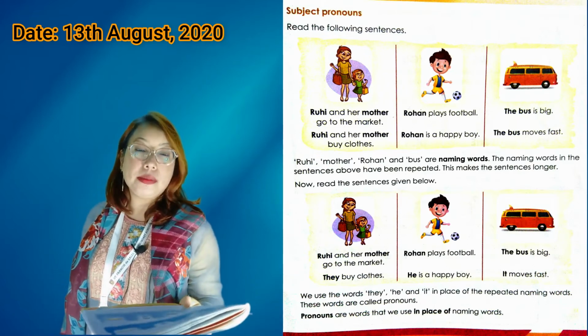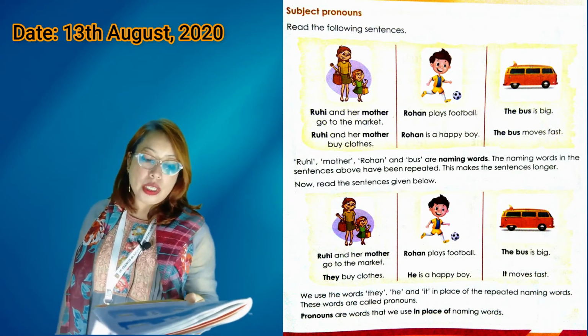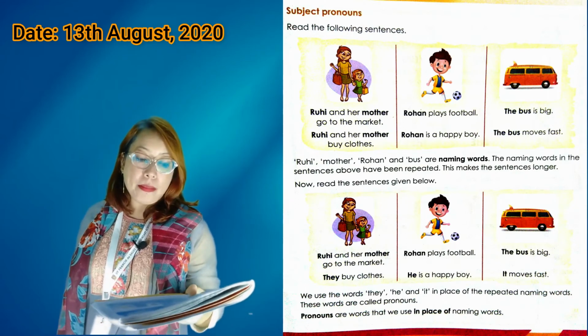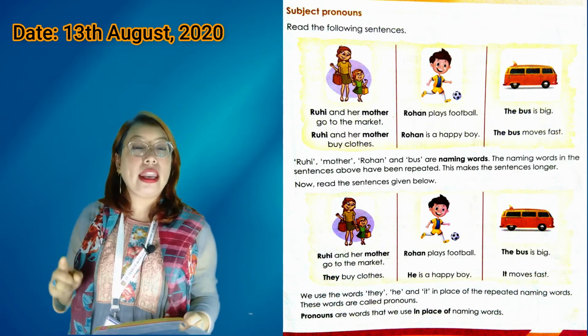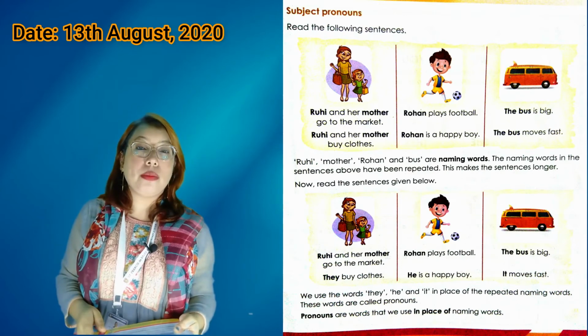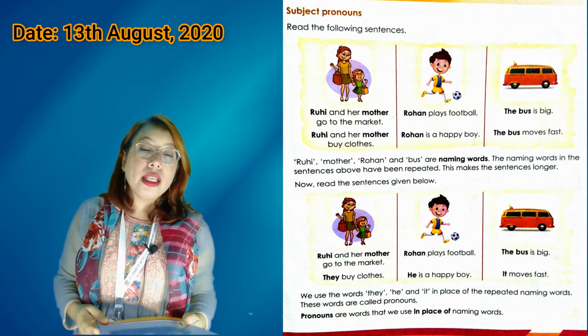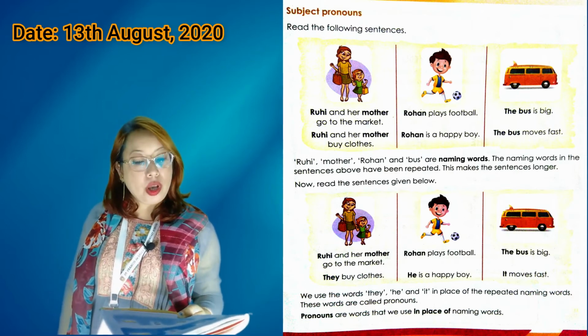Please look down there. The example has been given there. Ruhi and her mother go to the market. They buy clothes. So no need to repeat Ruhi and her mother, right? Instead of that, we can use a subject pronoun, that is they. See the second example there. Rohan plays football.